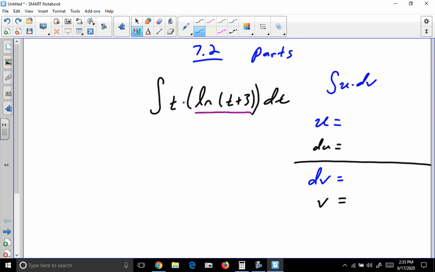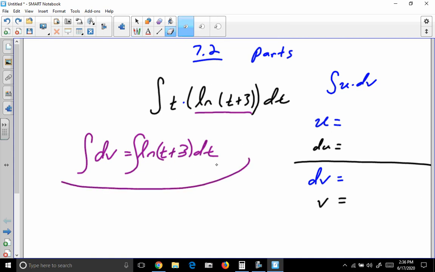Why is that the case? Because we don't know how to integrate natural log. We know how to take the derivative, but if dv is natural log of t plus 3 dt, then to get v, we would be integrating that. That's not something we know how to do at this time.